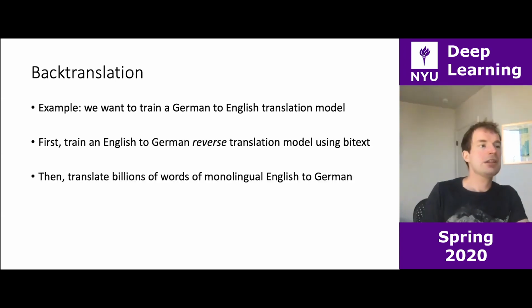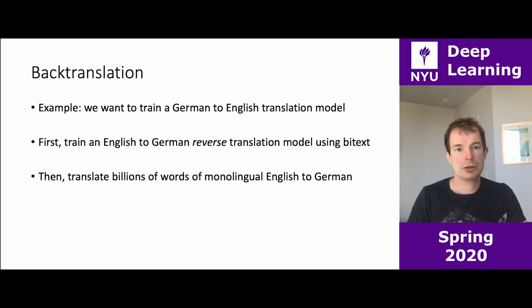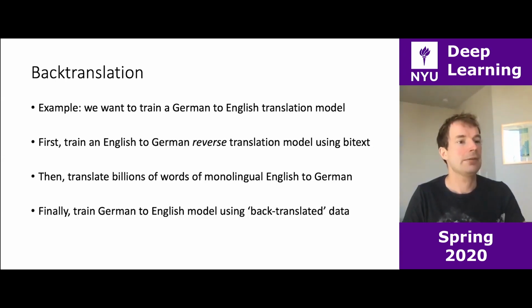Then we can run this model over all the English text we can find, and we can find lots of English text on the internet, and we'll translate it all into German. And that gives us lots more pairs of English and German text. And then we're going to train a forward model that will try and translate this German into English.